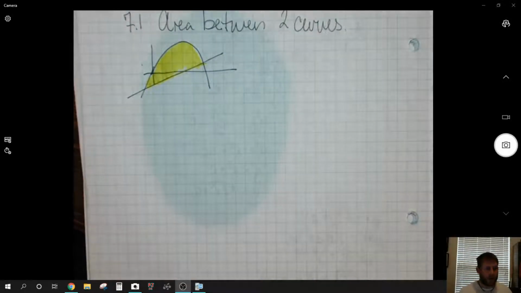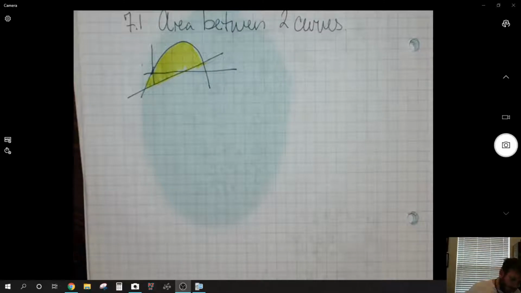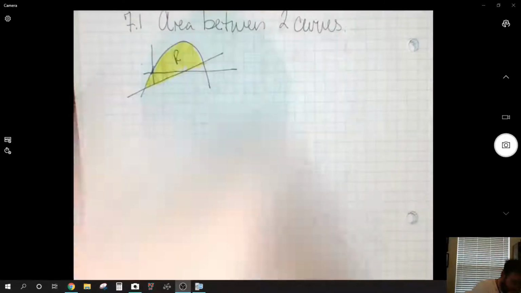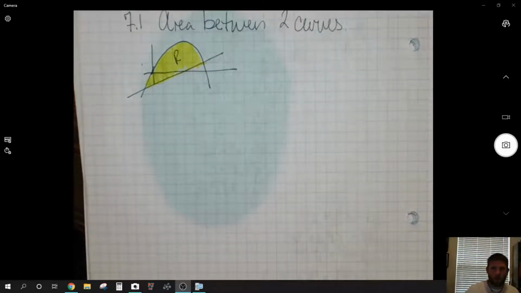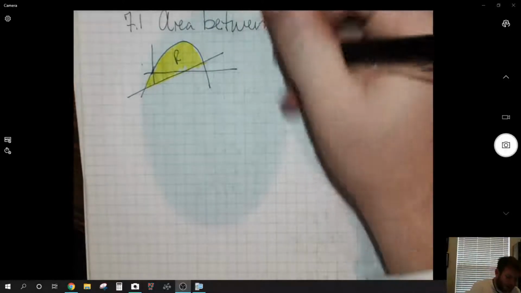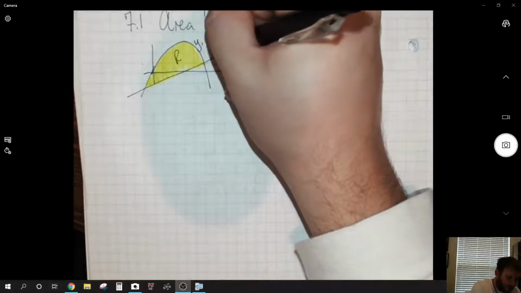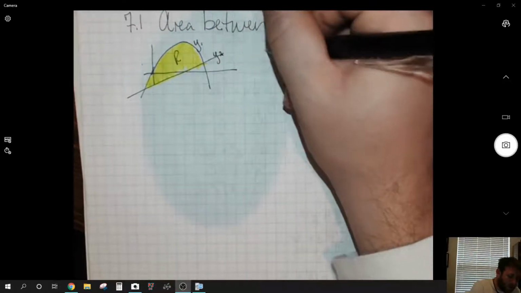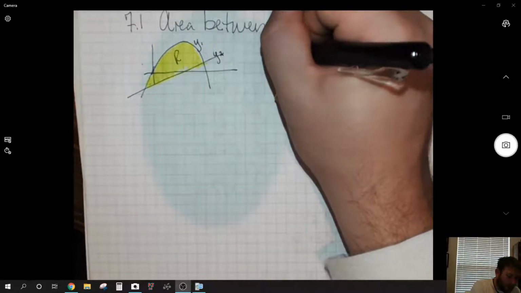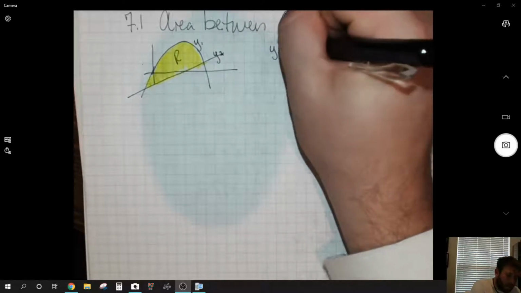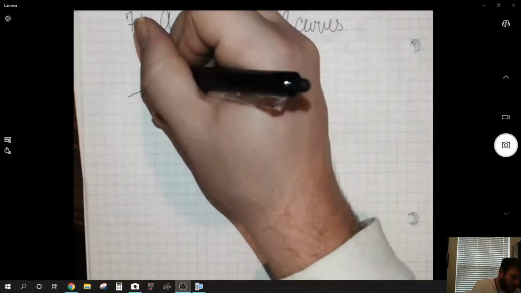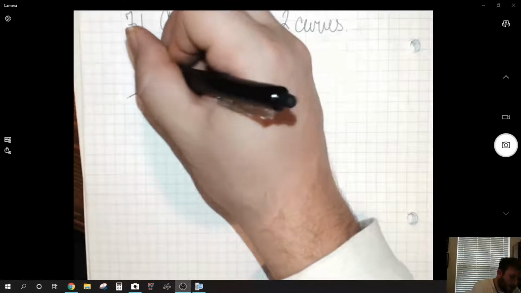That's the area I want to find. We'll call it region R, or you can call it A, whatever you prefer. So if this parabola is y1 and this line is y2, we are simply going to go y1 minus y2. It's top function minus bottom function.